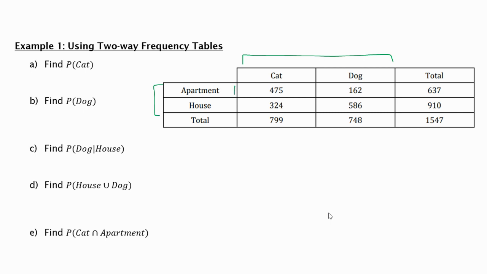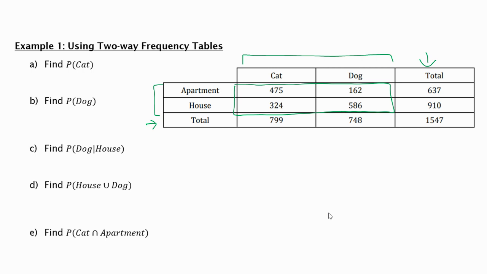The middle four boxes are how we aggregate or separate that data out. The bottom row and the last column are the totals for each of those categories.